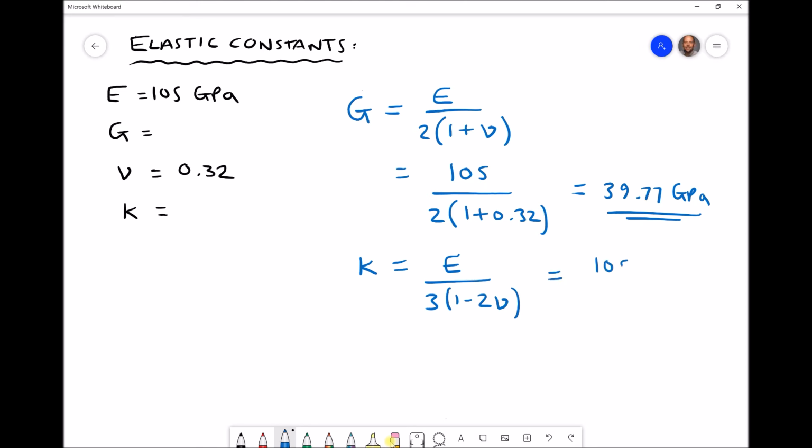We have 105 gigapascals divided by 3 times 1 minus 2 times 0.32, giving us a bulk modulus this time equal to 97.22 gigapascals. So this time we knew the elastic modulus and the Poisson's ratio, and from there we were able to calculate the modulus of rigidity and the bulk modulus. Let's take a look at one more example.